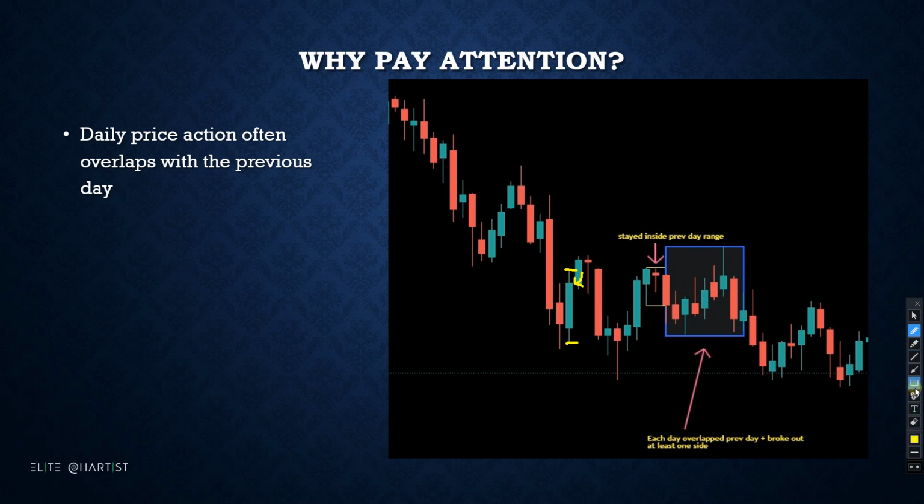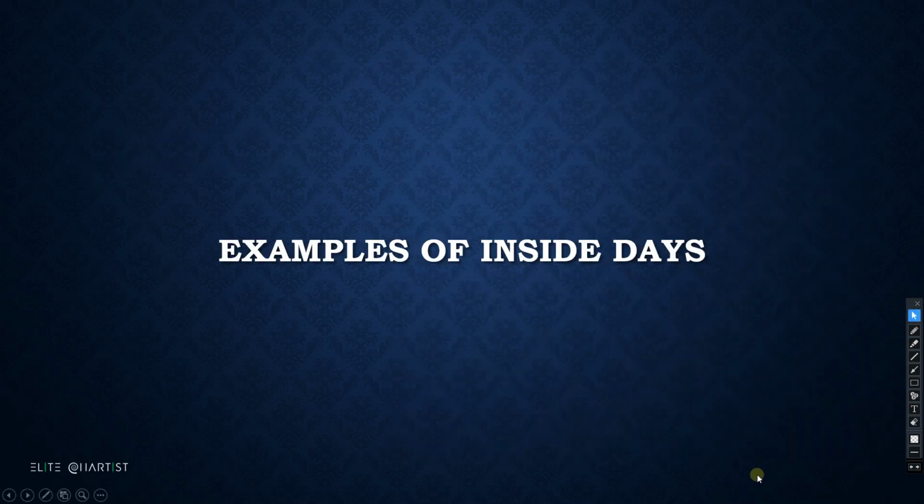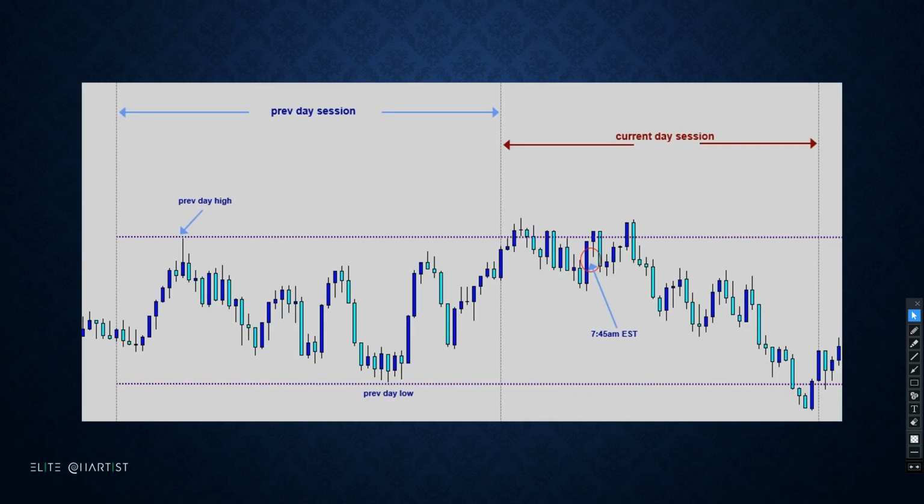So let's go ahead and look at some examples of inside days in more detail. Like I said, these are daily bars, so we can get a big picture here. So let me erase this. And let's go ahead and look at some examples of inside day bars, inside day ranges. So we have 2 different days here. On the left side, we have the previous day session marked by these perforations, the beginning of the session.